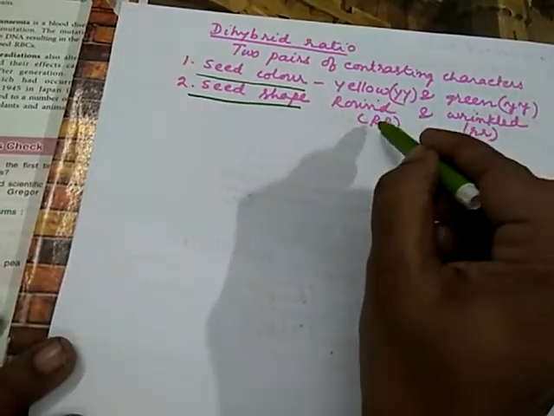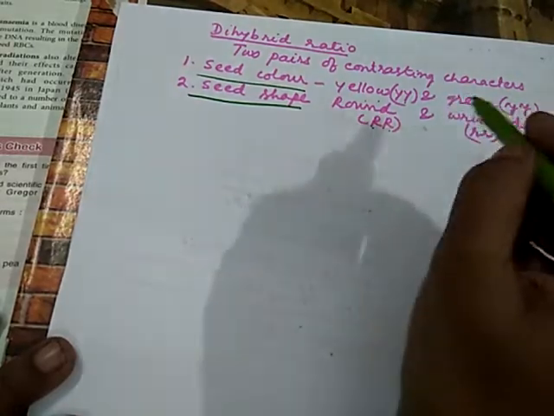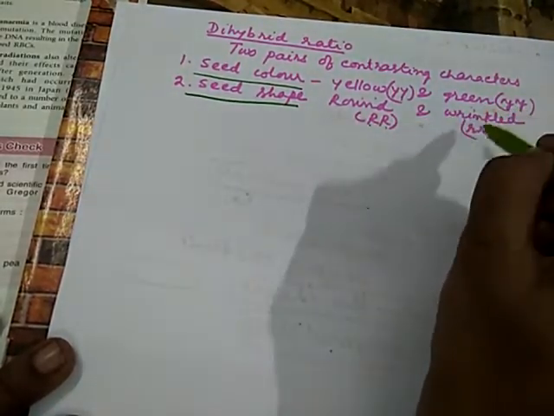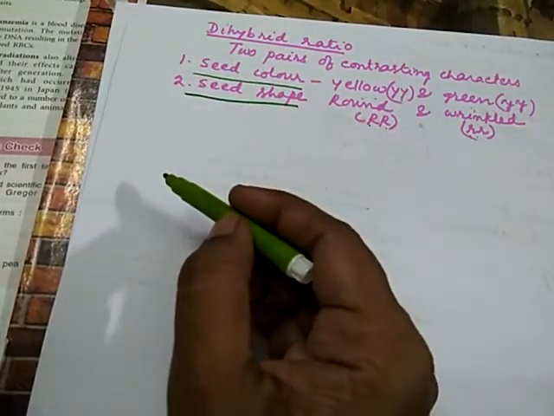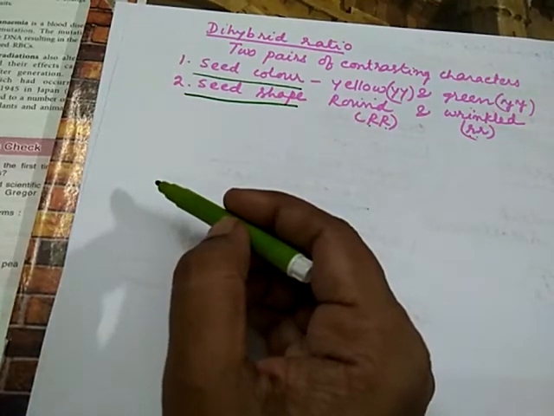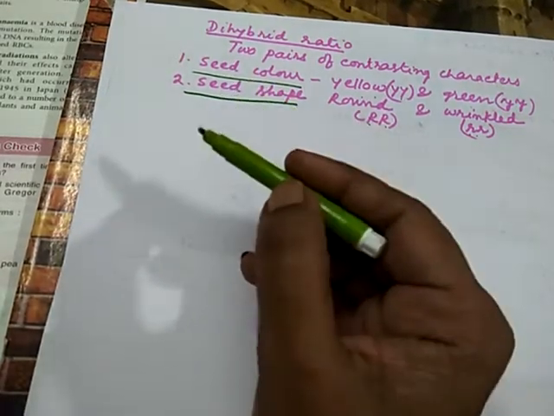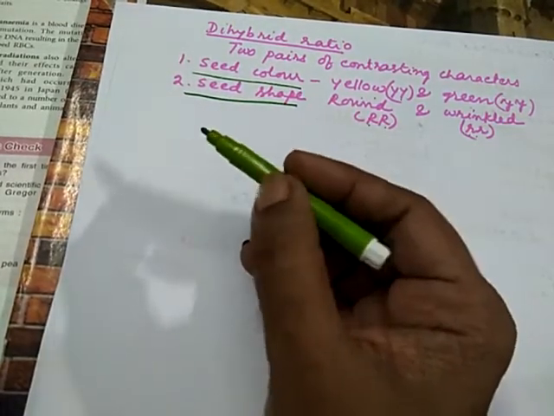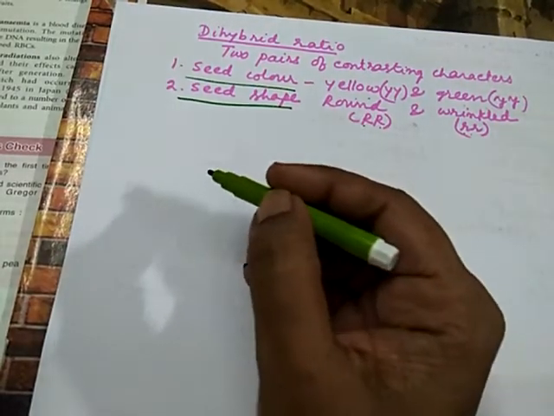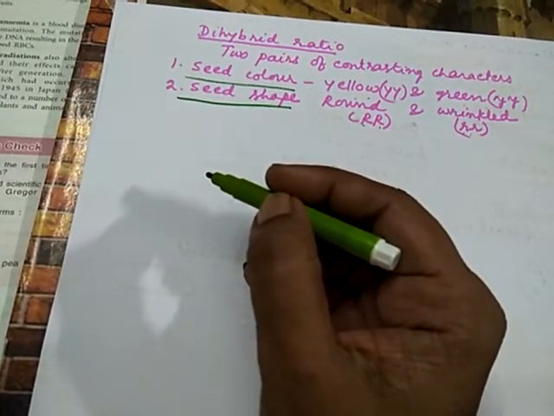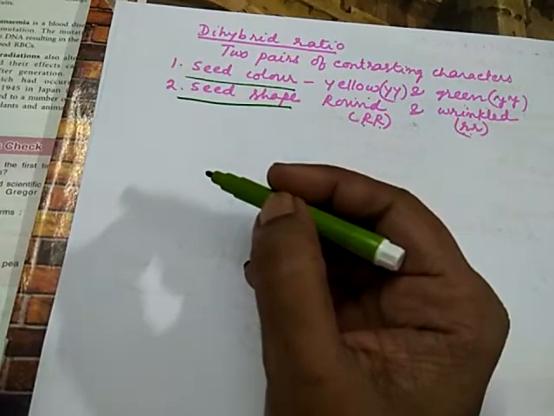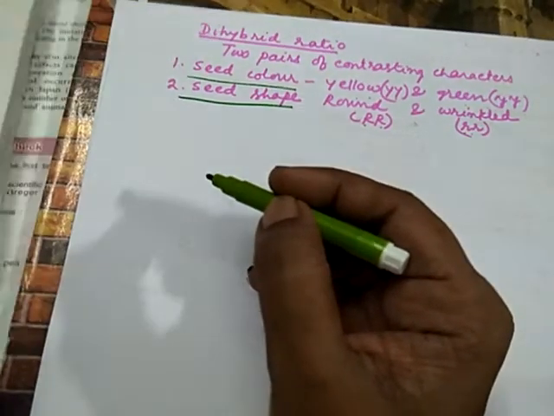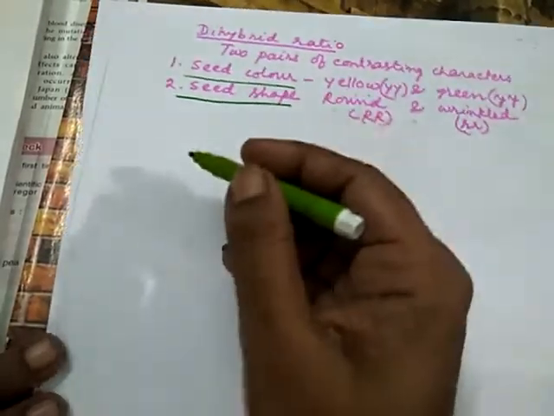Round is the dominant one, symbolized with capital R, and wrinkled is the small r. So we will take Mendel's third law of inheritance, the law of independent assortment, and work it out under the Punnett square.